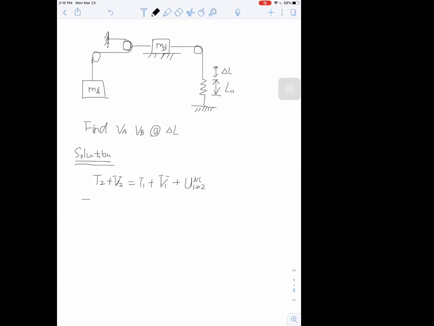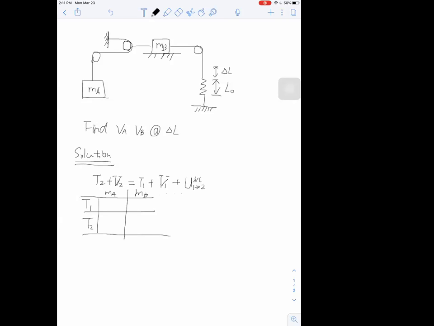So T1, T2, you can list the table like this, and you will have kinetic energy from each mass in your system. So in this example, we have two masses, MA and MB. So you will have kinetic energies from MA and MB in your table. If your system has more than two masses, then you're gonna add more in your table. But in this case, we only have two.